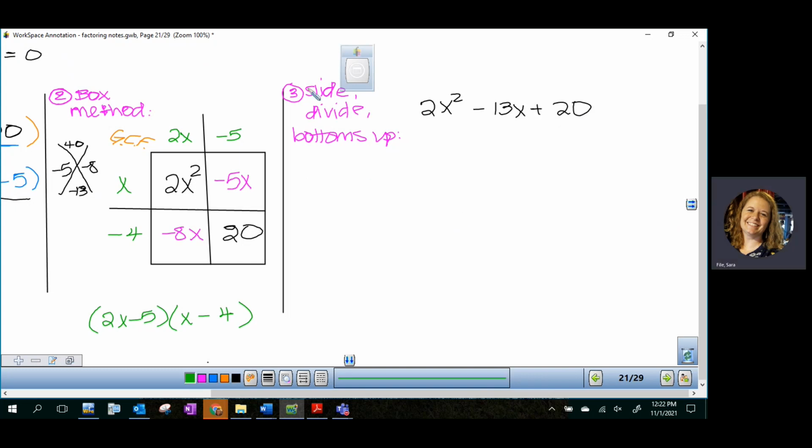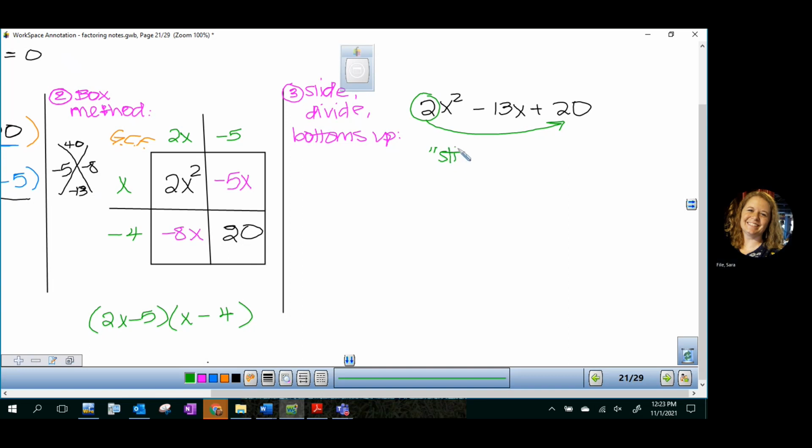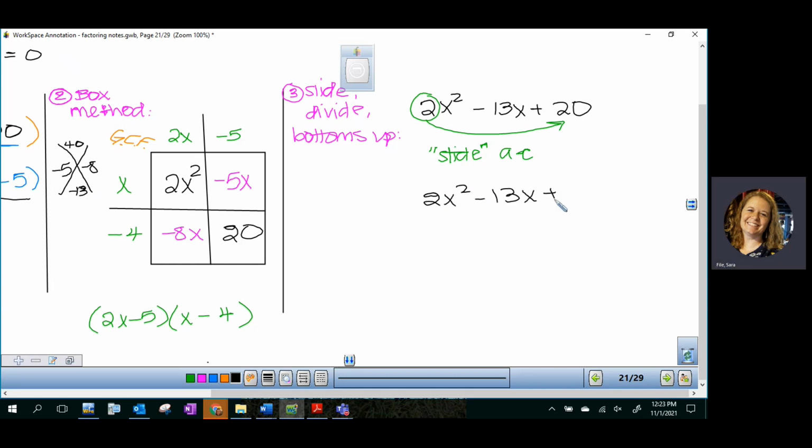Step 1 is slide. You slide your A value to the end and it gets multiplied by C. A times C. So that becomes 2x squared minus 13x plus 40.